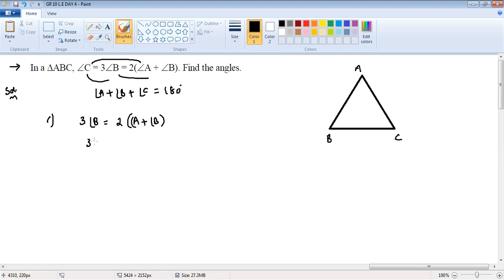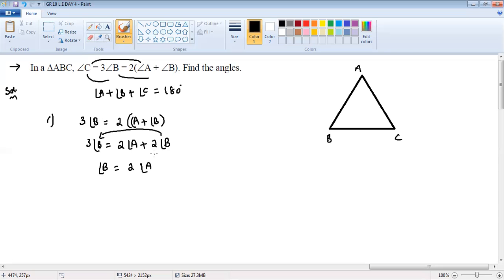Now, 3 into angle B is equal to 2 into angle A plus 2 into angle B. Carry this side: 3B minus 2B, which is 2A. So angle B is equal to 2 into angle A. Are you clear now?